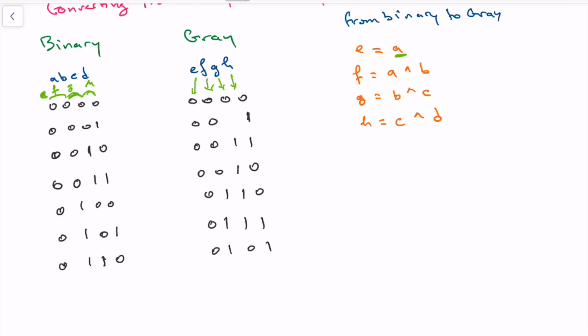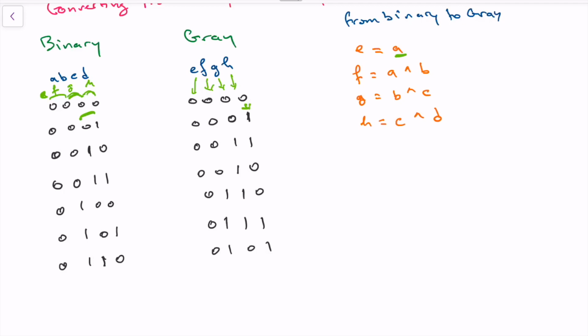For G it would be XORing 0 and 0 again, right? And so that would be 0, and for H it would be XORing 0 and 1, which would be 1, right?